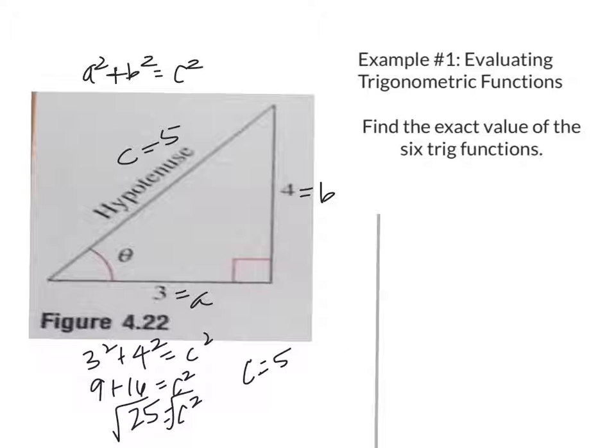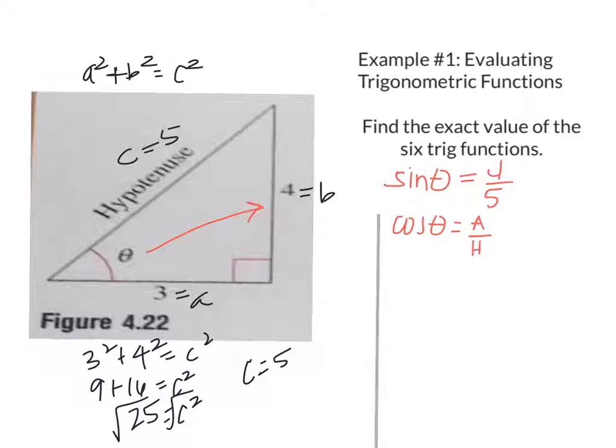All right, so now we're going to find the 6 trig functions. Sine of angle theta is opposite over hypotenuse. The opposite of angle theta is 4 and the hypotenuse is 5. So sine theta is 4 over 5. Sorry guys, my pen is not working. After sine we have cosine. Remember, cosine is adjacent over hypotenuse.